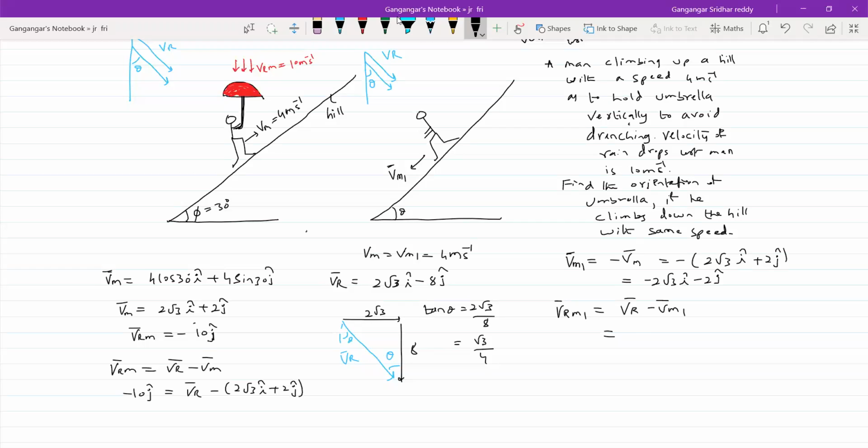VR bar is 2 root 3 i cap minus 8 j cap, the velocity of man is minus of minus 2 root 3 i cap minus 2 j cap. So 2 root 3 plus 2 root 3 will be 4 root 3 i cap, and minus 8 j cap plus 2 j cap will be minus 6 j cap.